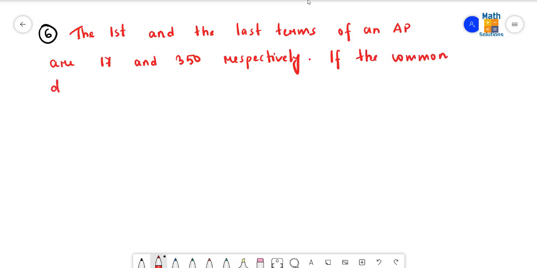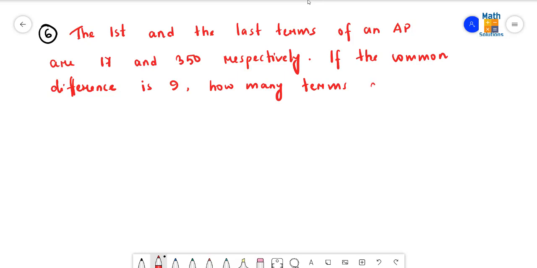common difference is 9, how many terms are there?